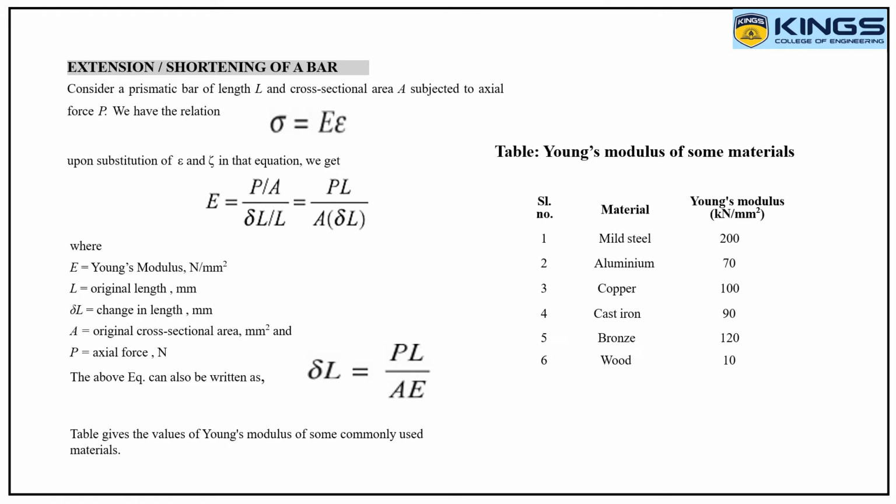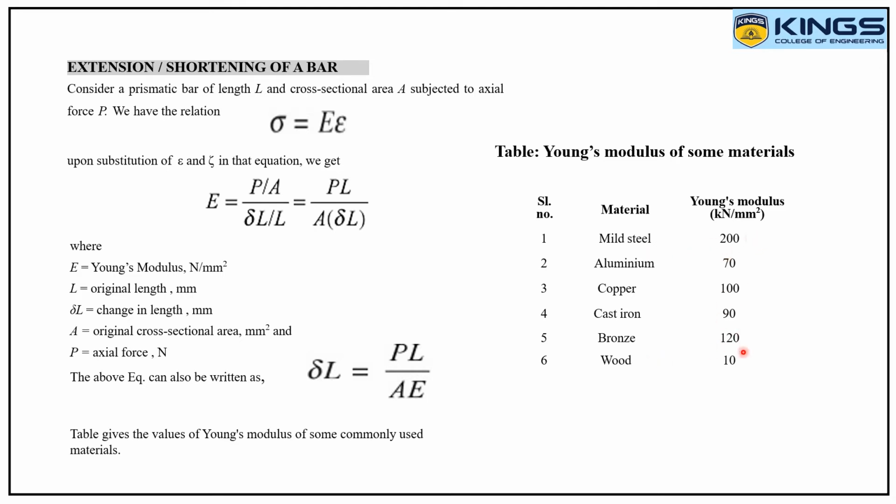So the above equation, which I had mentioned here, can be rewritten as del L is equal to PL by AE. This table gives the values of Young's modulus or modulus of elasticity of some commonly used engineering materials. As we know, mild steel, aluminium, copper, cast iron, bronze, wood are some of the engineering materials widely used in most engineering applications.